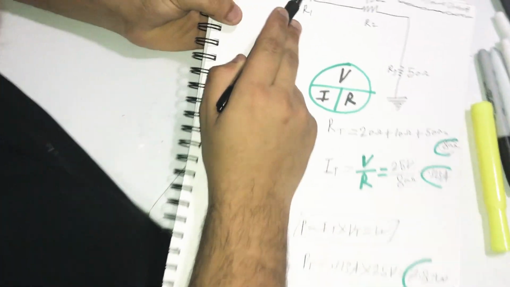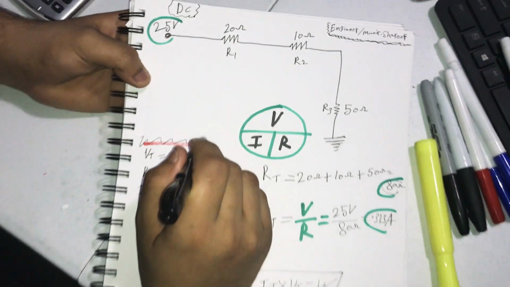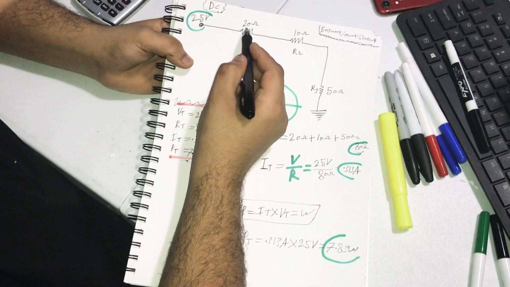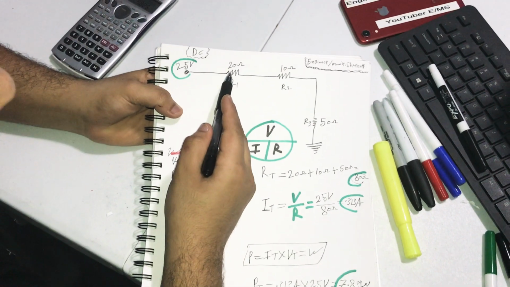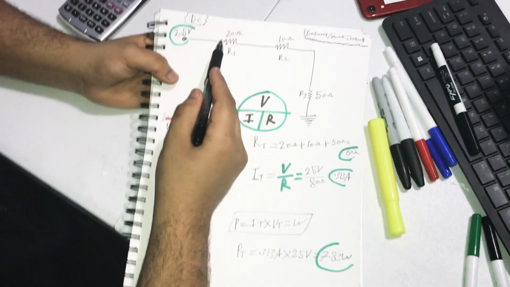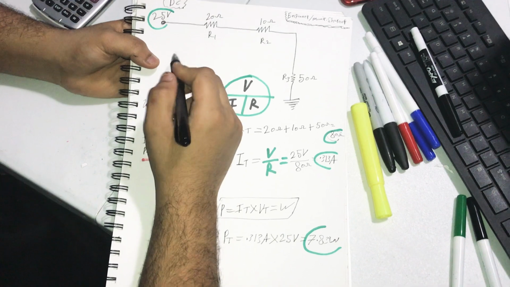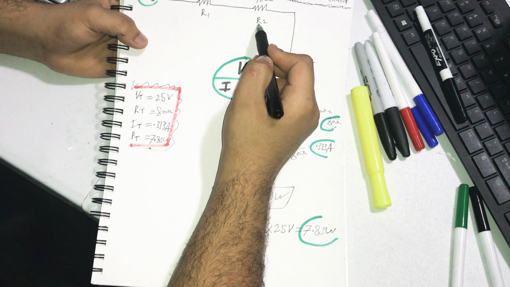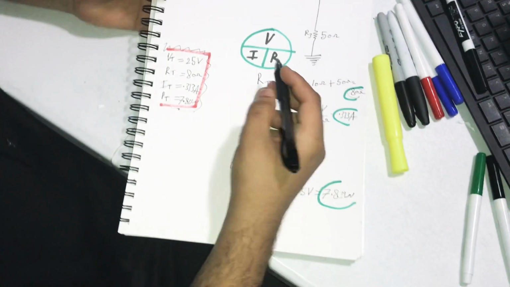We need to find the total. A lot of people put comments asking me how to find the volts in each resistance. That's how you find them. We have here 20 ohms, so we need to find how many volts are passing through this resistance, the R1, and how much is going to pass through R2 and R3, which are 10 and 20 ohms.